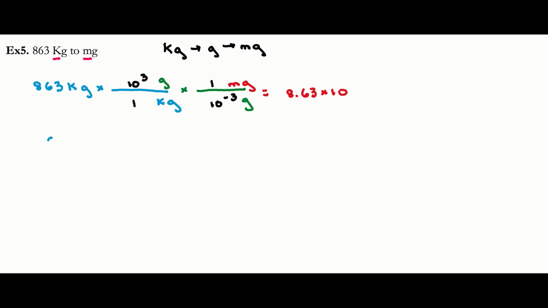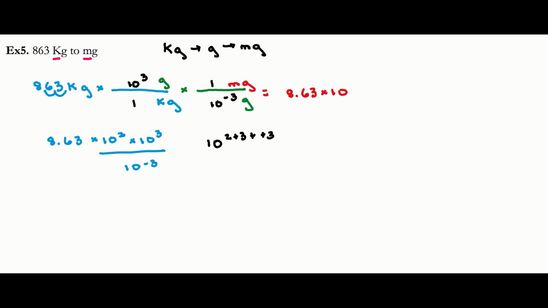Let's figure out what power of 10 this is. 863 is the same thing as 8.63 times 10 to the second in scientific notation, because I moved my decimal place 2 places. If I then multiply by 10 to the third and divide by 10 to the negative third, I add the exponents 2 plus 3, and then subtract the power of 10 that I am dividing by, so I subtract negative 3.